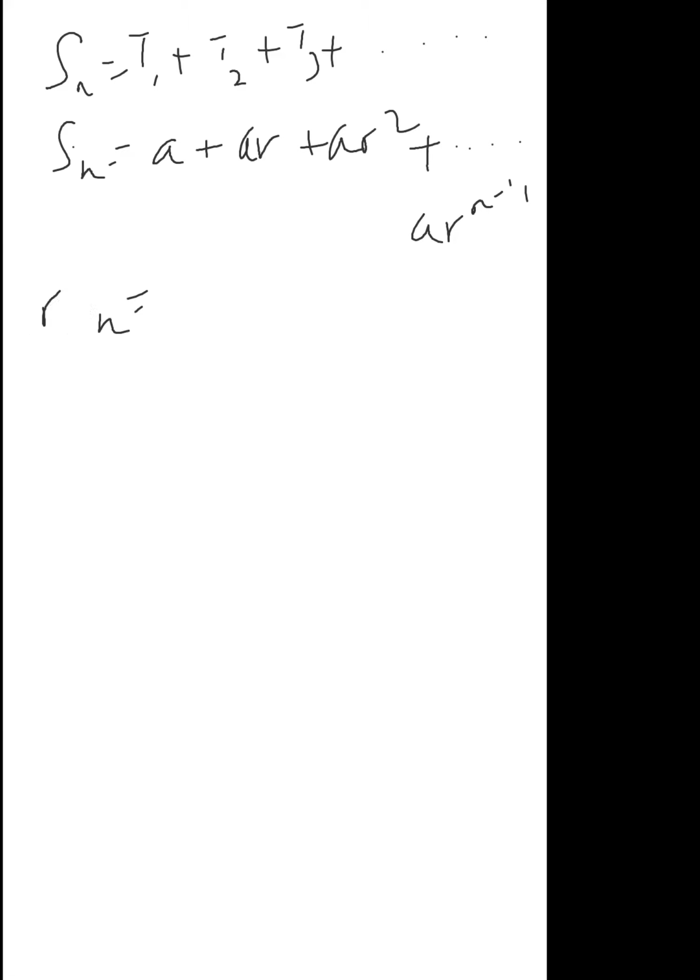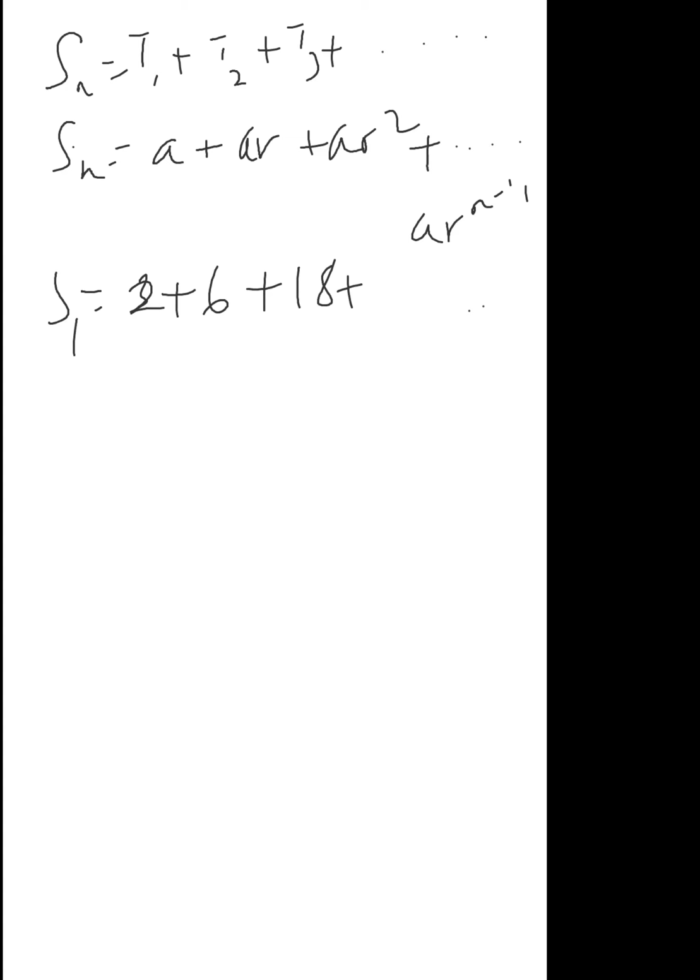We are trying to add 2 plus 6 plus 18 plus 54 and so on. But it depends, we may have a last one. Let's assume that we want to do it up to 54.